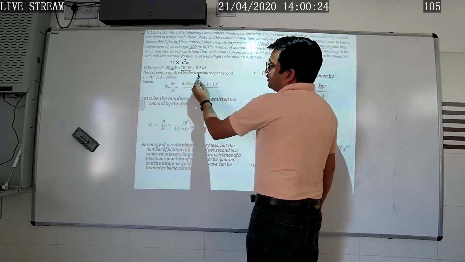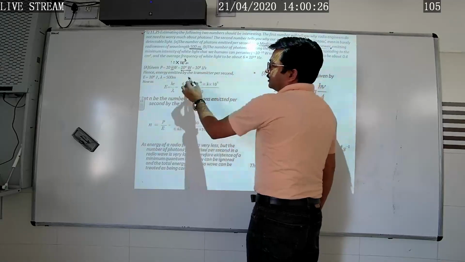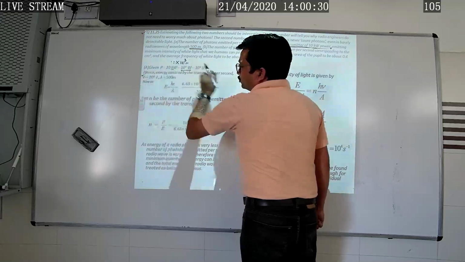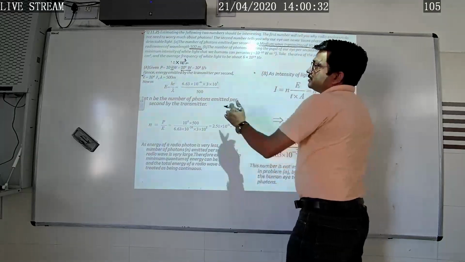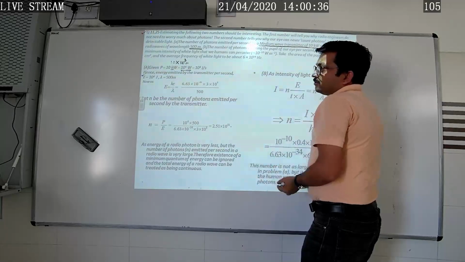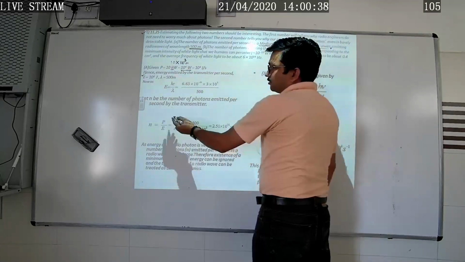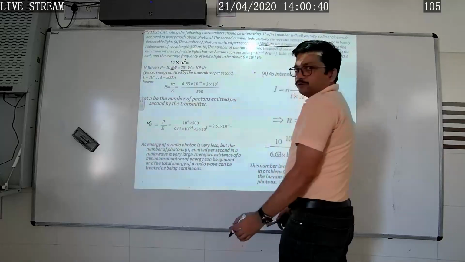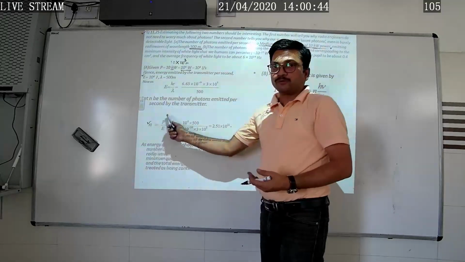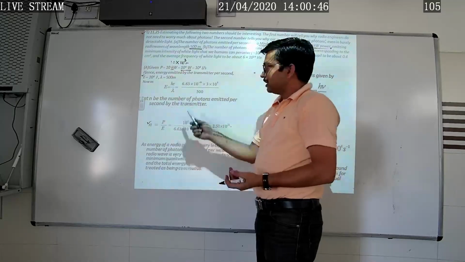Hence the energy emitted by the transmitter per second will be 10 to the power 4 joule. Now the wavelength is given to us, 500 meter. First of all we want to calculate the energy, because we want to calculate the number of photons. As I told you in the previous lecture, the formula for the number of photons is P by E, where P is given to us and E.